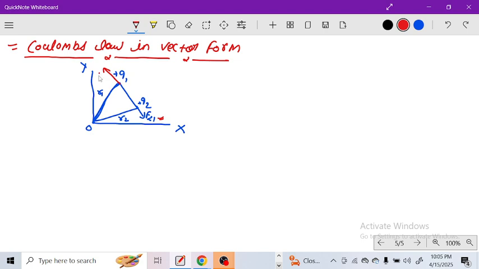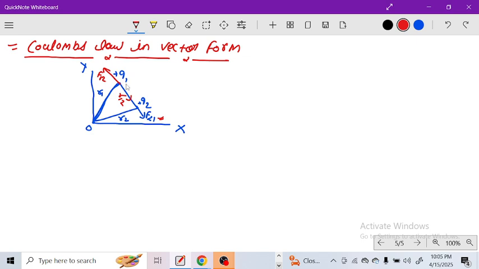We can write here force on charge q1 due to charge 2. And the distance between q1 and q2 is r12. When considering force on charge 2 due to charge 1, the distance between them is r12.